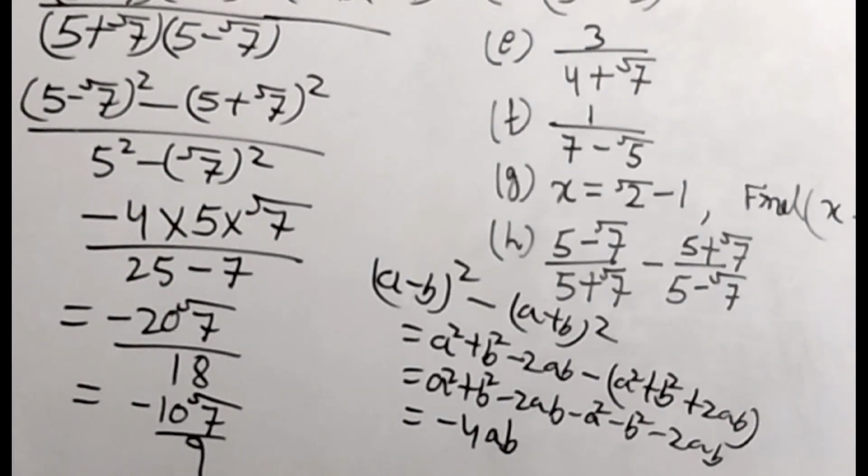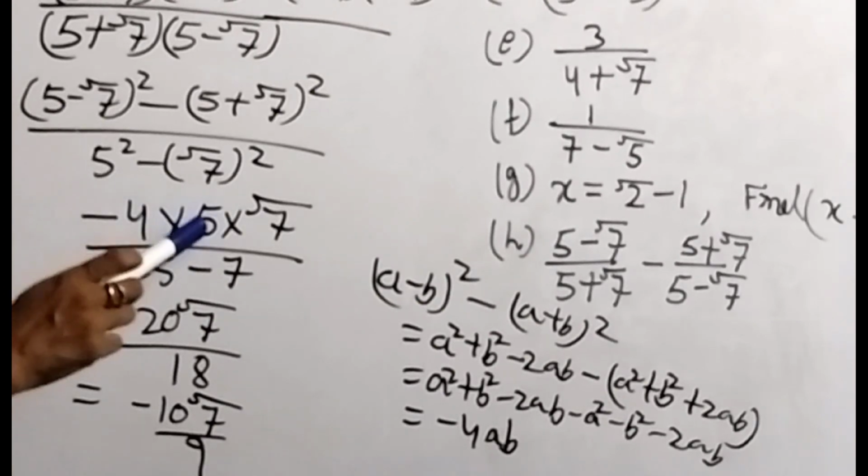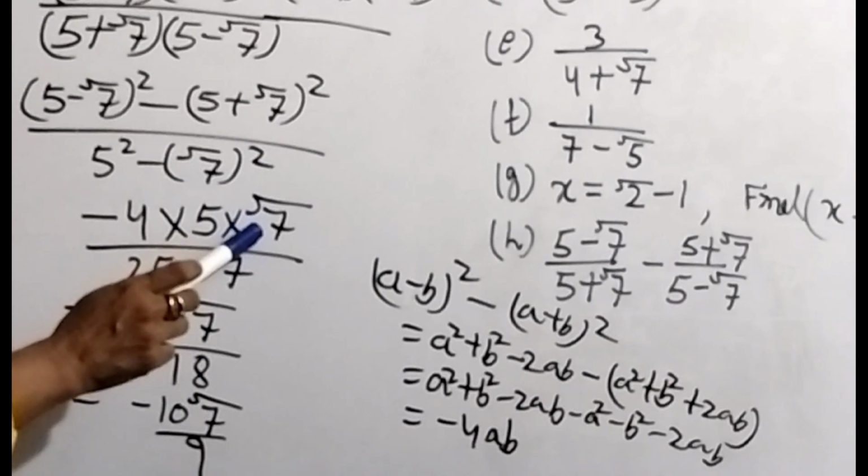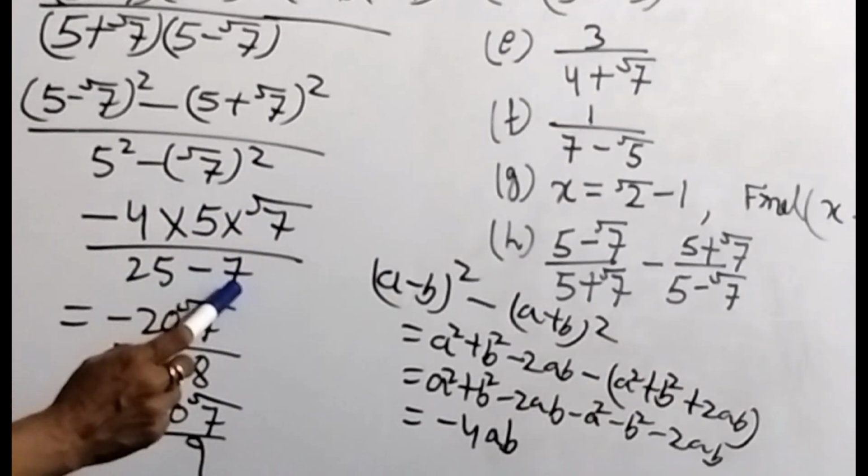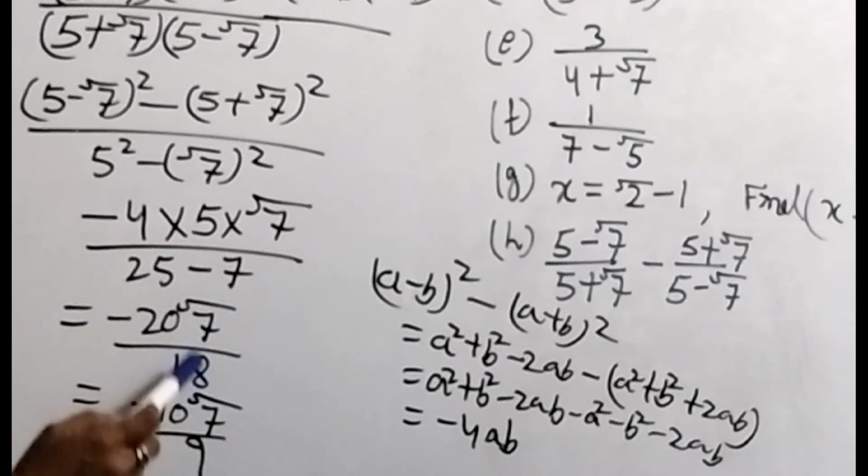Minus 4ab means minus 4 into a, where a is 5 and b is root 7. Minus 4ab by this is 25 minus 7. 25 minus 7 is 18. Now this is minus 20 root 7. Then 2 tens are 20, 2 nines are 18. So this is minus 10 by 9 root 7.